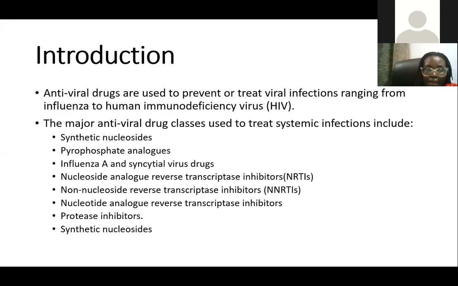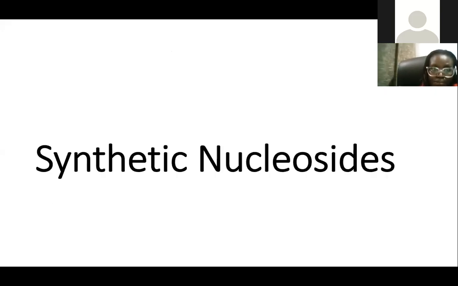The nucleoside analog reverse transcriptase inhibitors, non-nucleoside reverse transcriptase inhibitors, nucleotide analog reverse transcriptase inhibitors, and the protease inhibitors are antiretroviral drugs or medications that are used to treat HIV infection. The rest are used to treat various other infections, and we'll be taking a look at them shortly.